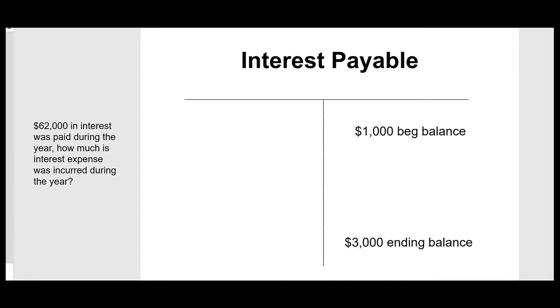See if you can get the right accrual basis interest expense. Knowing that if the interest payable goes up, like it did here, that means you incurred more in expense than you paid. But what if the payable goes down?